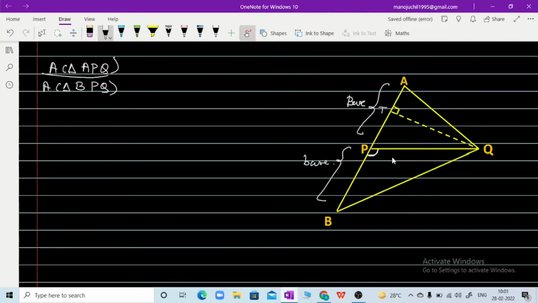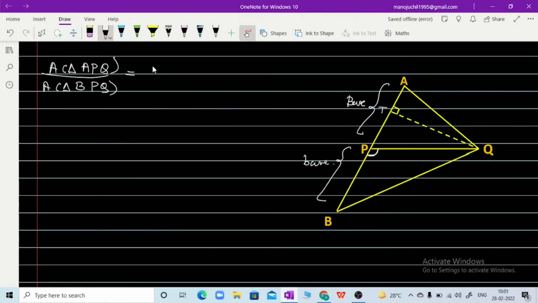In these two examples, you'll see that triangle APQ and triangle BPQ have the same height. They have different bases, but they have the same height. So if I write according to property 1, area of triangle APQ upon area of triangle BPQ, what should I get?